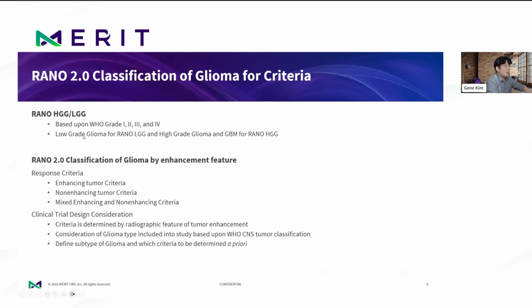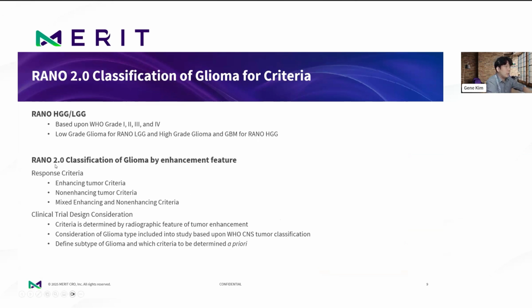So first, diving into the RANO 2.0 updates, classification of the criteria for the glioma. In the HGG and LGG, based upon WHO grade 1, 2, 3, and 4, grades 2 and 1 will be the low grade, and 3 and 4 being high grade glioma, including the glioblastoma that falls under the HGG criteria.